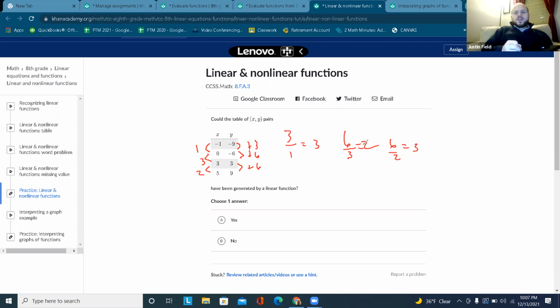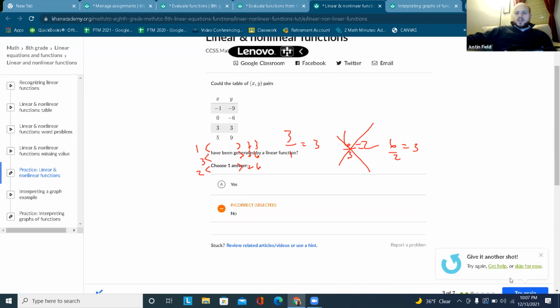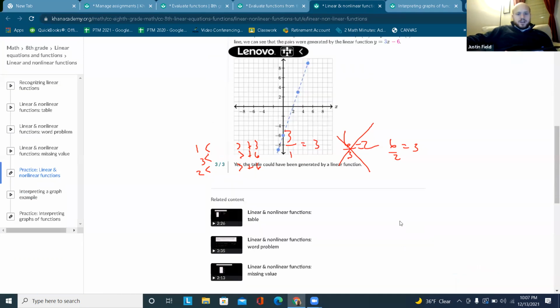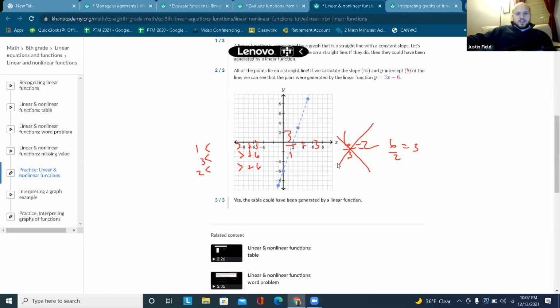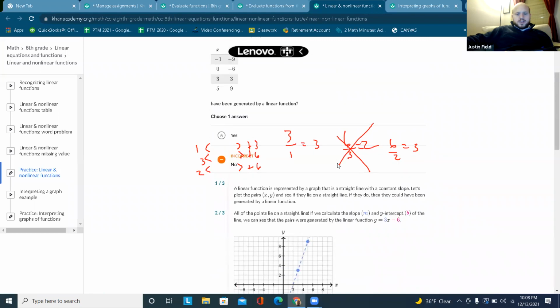So this one messes it all up. If that one was also 3, we would say linear. But I have messed up. All right. They're all 3.